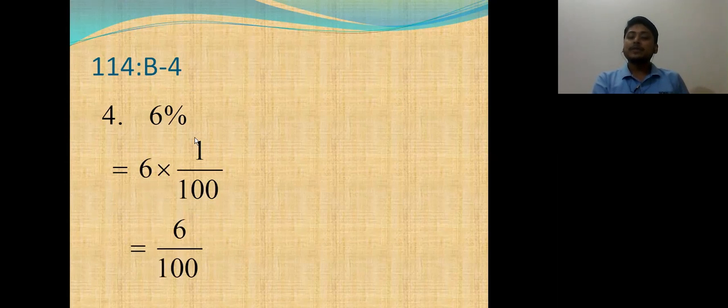You can write 6% equals 6 by 100 directly. But how did it come? Because the percentage sign equals, we know, 1 by 100. That's why we can say this. So now 0.06, because after two numbers the decimal point will come, with only one number. That's why this happened.